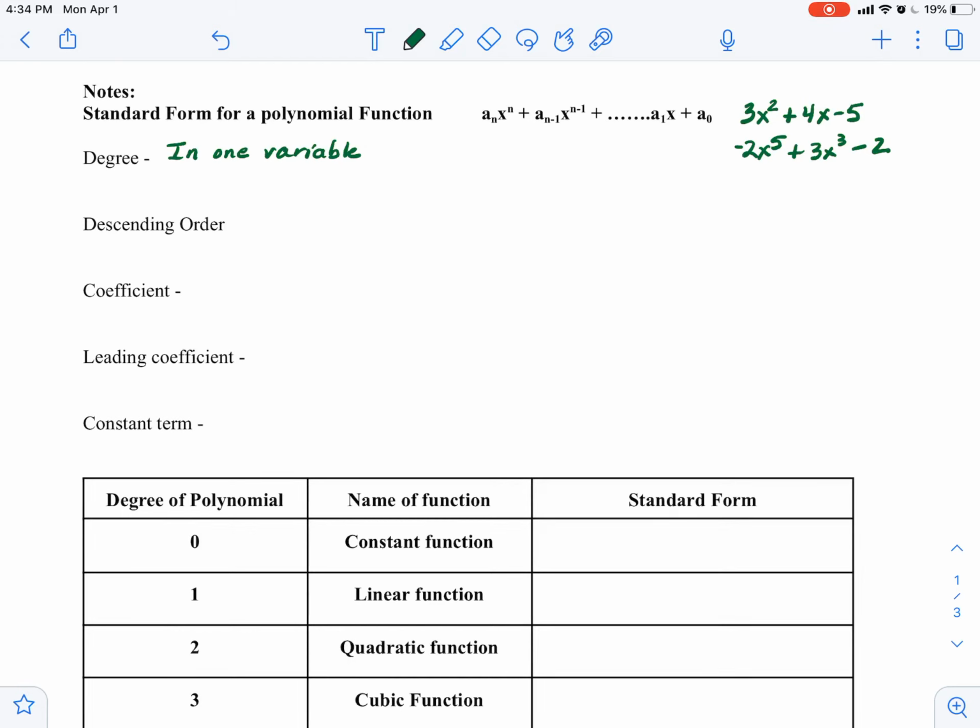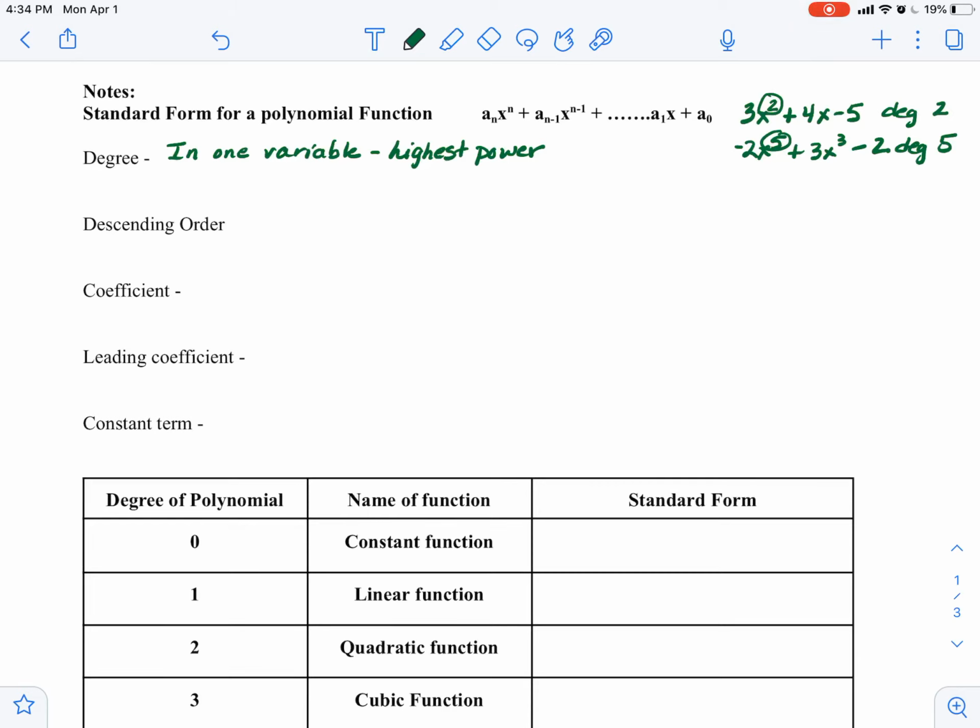And so if it is one variable, the degree is your highest power, or highest exponent. So in this case, my degree would be 2, because that's a 2. And in this one, the degree would be a 5, because that is my highest. Okay, so it is your highest power.